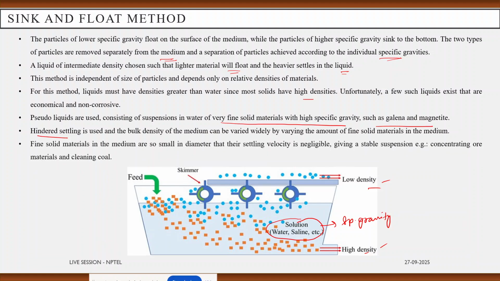The very fine solid materials in the medium are very small in diameter, so their settling velocity is negligible. They give a very stable suspension. Examples are concentrating ore materials and cleaning coal.